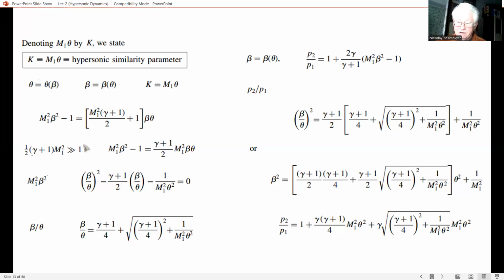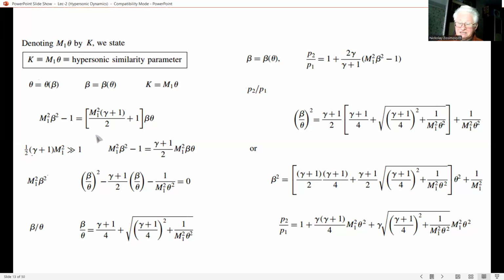So we may conclude that one half of gamma plus 1 times M1 squared must be many times higher than 1. However, because beta is small, we cannot assume that M1 squared times beta squared is large compared to unity.